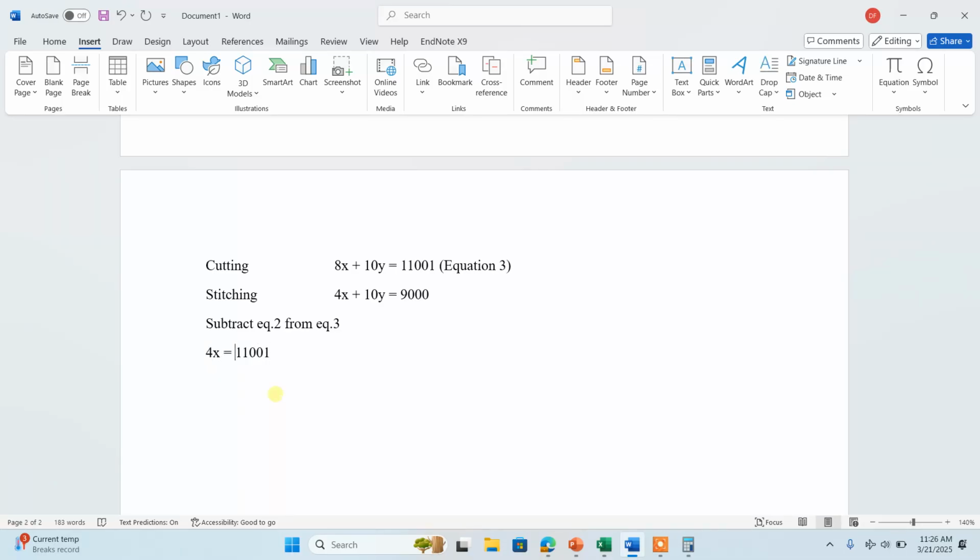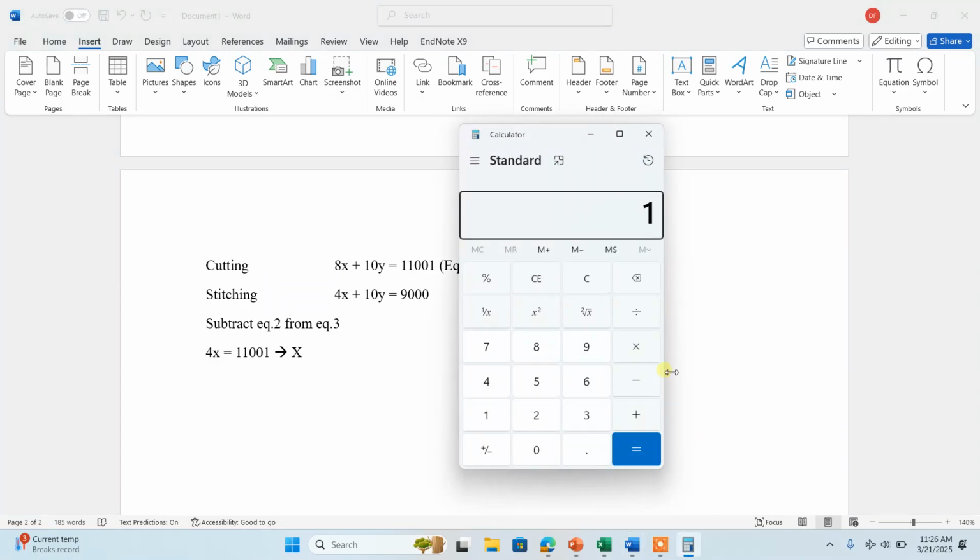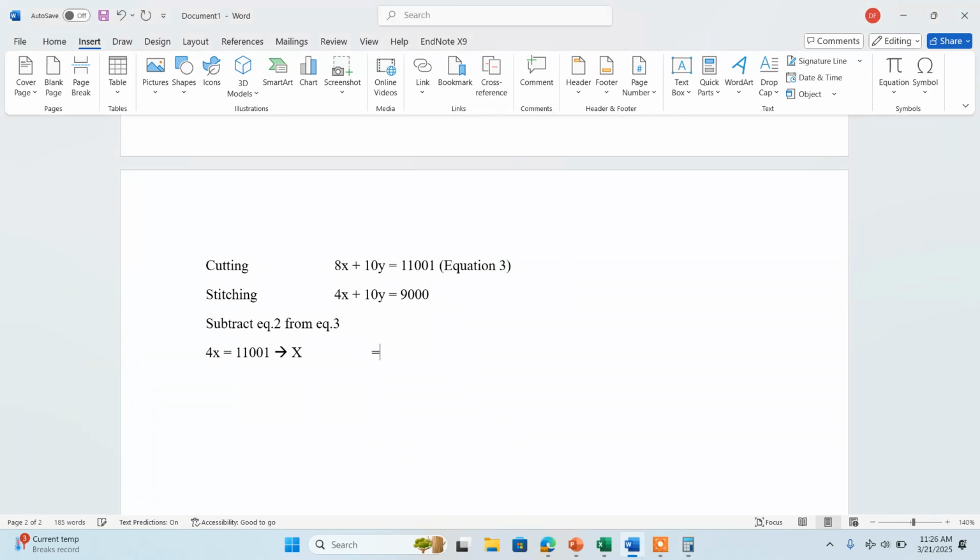Now if you calculate the x, your x is 11,001 divided by 4. It is 2,750.25. What was the old combination?